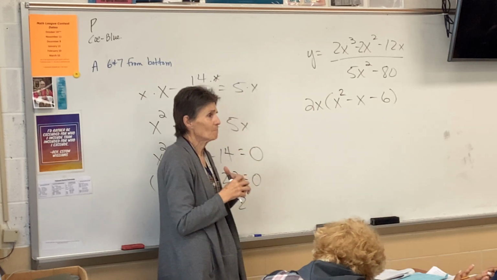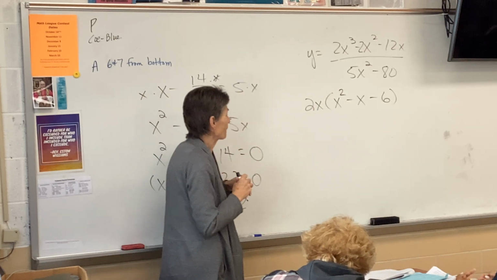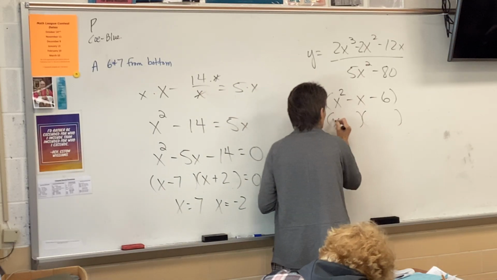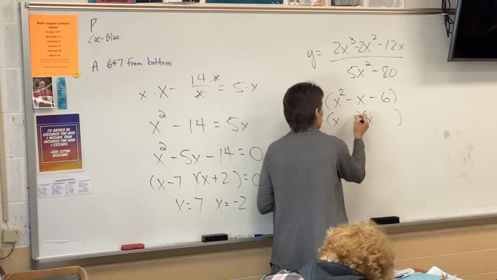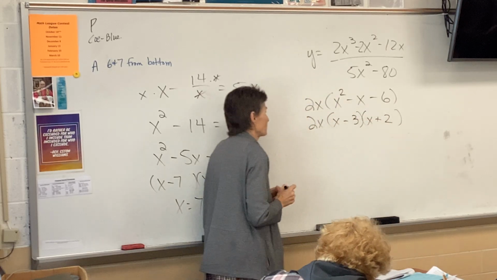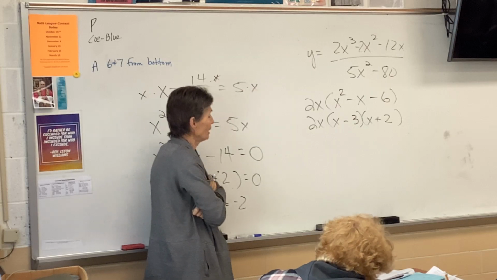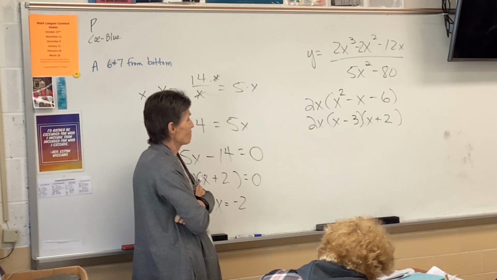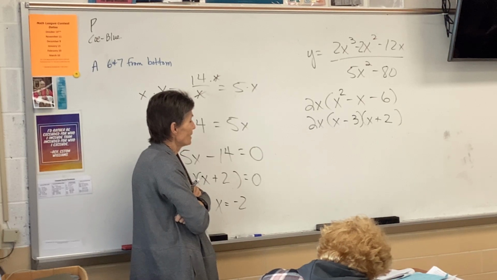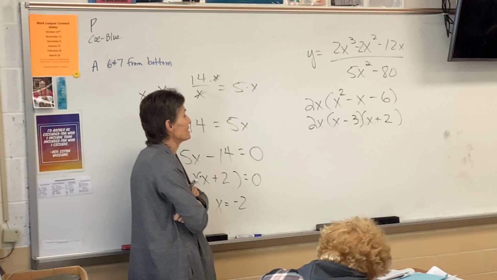Are you with me now? I took a 2x out. And then this will factor into 3 and 2, minus 3 plus 2. Oh my gosh, this problem is a disaster.